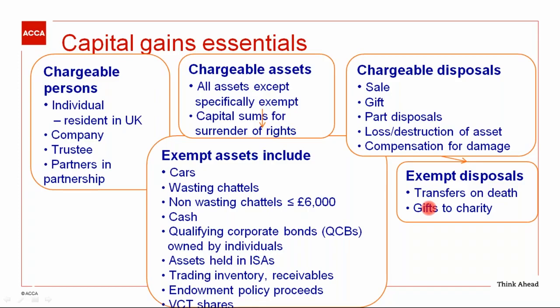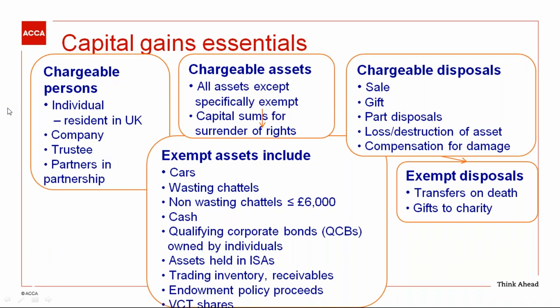We know gifts to charities are also exempt from inheritance tax. Likewise, there are two types of disposals: gifts made on the death of a person are completely exempt from CGT, and a gift to a charity is also completely exempt from CGT.